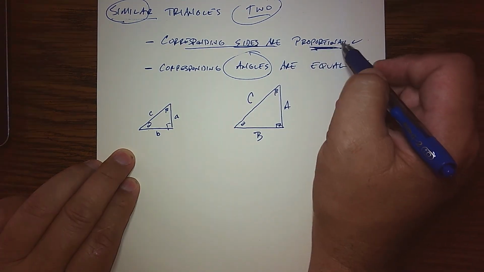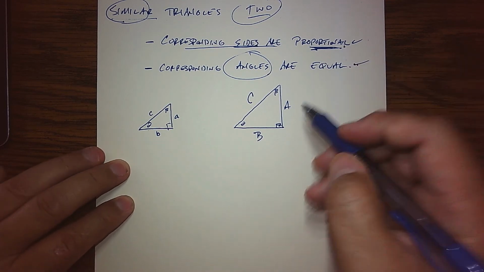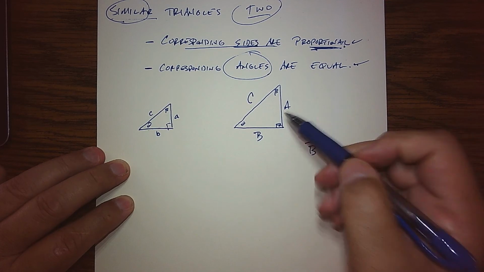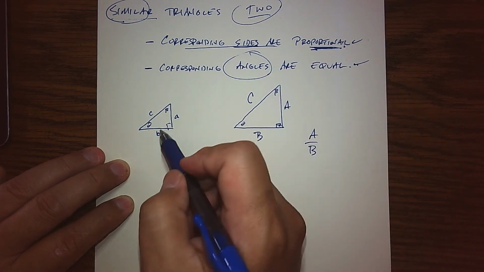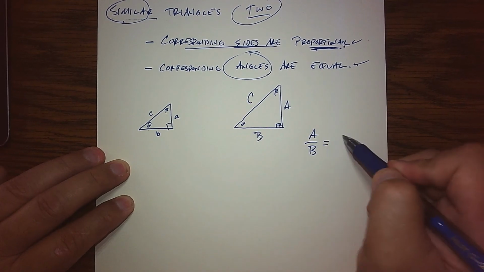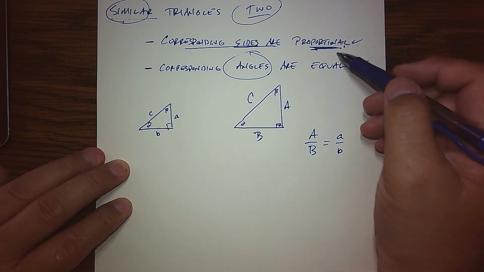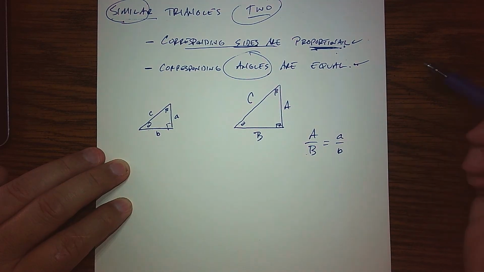So that means if we're talking about a proportional, we're talking about fractions. So what that means is basically this, that if I form the fraction A and B, if I compare side A and B to this guy, that would be equivalent to side little a, side little b over here, right? And so that's what I mean by proportional. We're setting up one fraction in one situation equal to a fraction in the other.